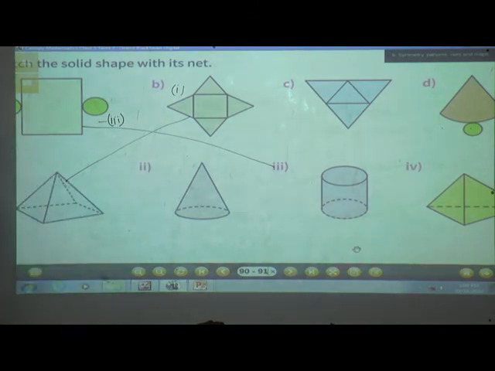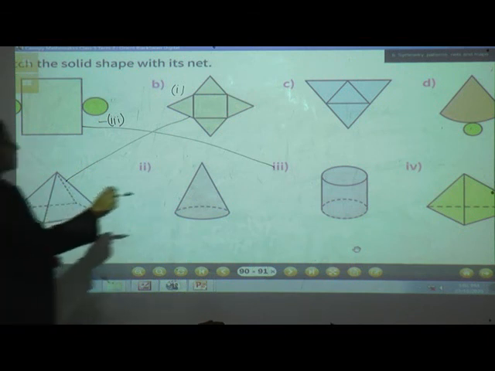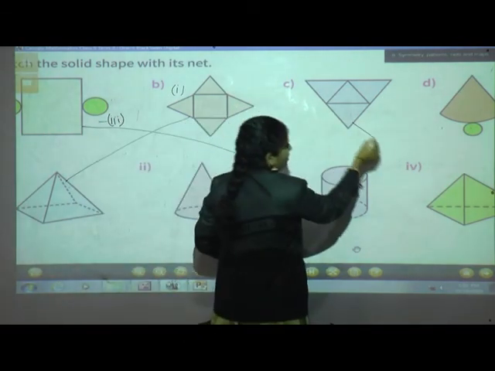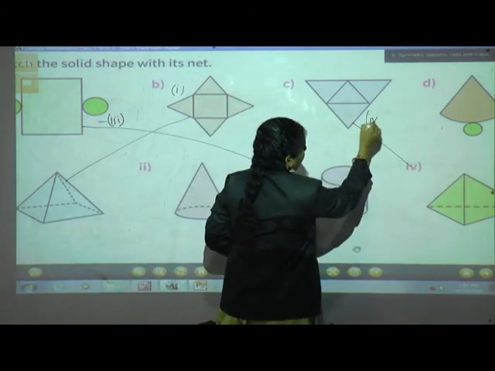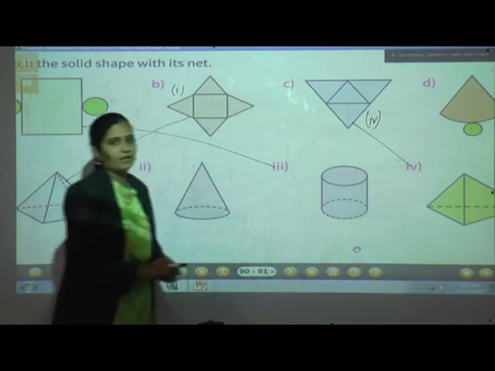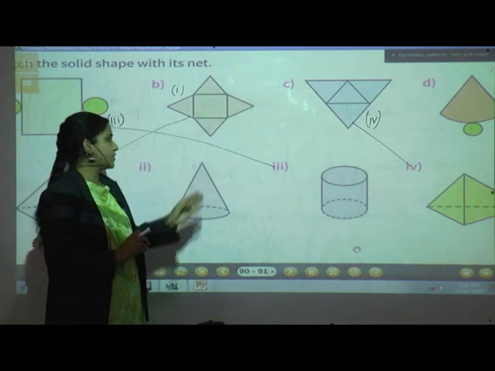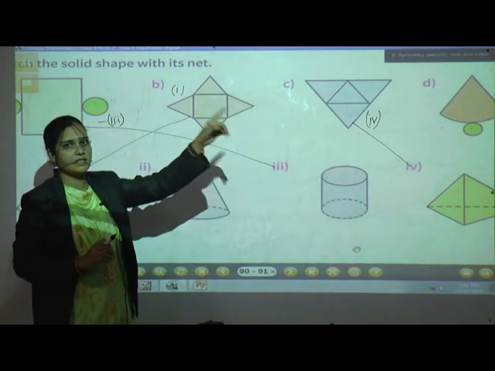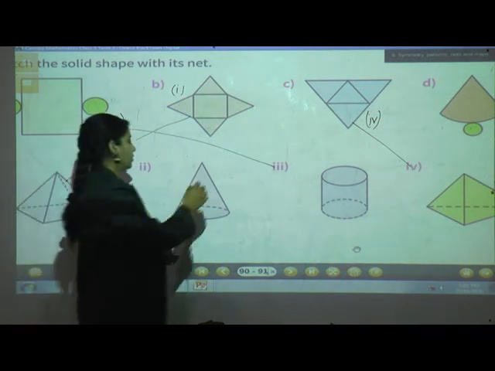Now C1. Yes students, tell me. Yes, this one also we can match with this type. Okay, and last, D1. It is very easy. So D1 is a net of a cone.